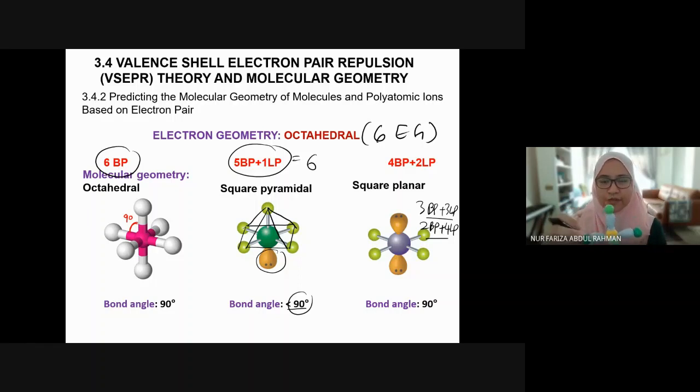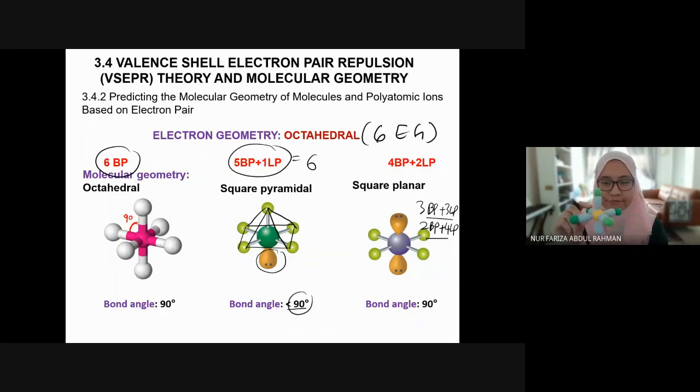The same question I'll be asking: where should we place the lone pair? Remember, we have to bear in mind that we place the lone pair so that the repulsion is minimized. So where could we place the lone pair so that the repulsion is minimum?